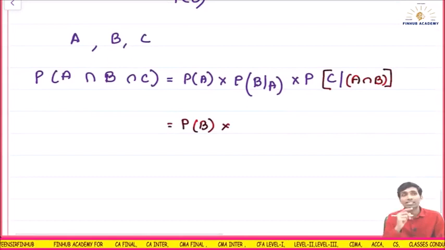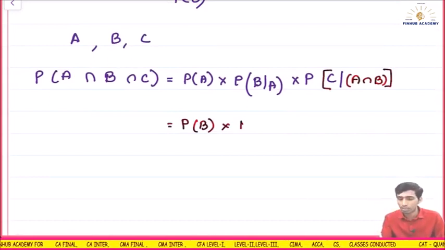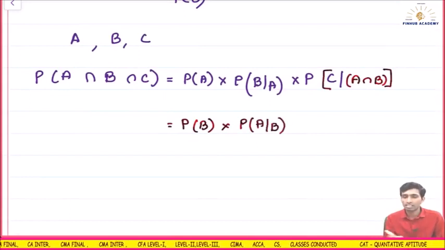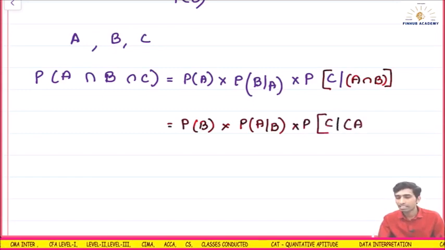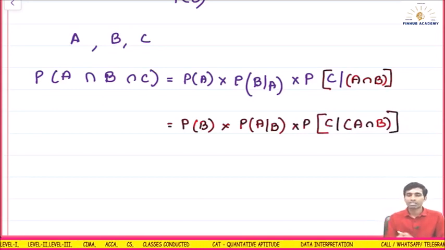There it was A. So when you multiply, the A is in the denominator. So probability of A given that B has already occurred into probability of, here it will be same, C given that A intersection B. This is the formula. Okay, fine.